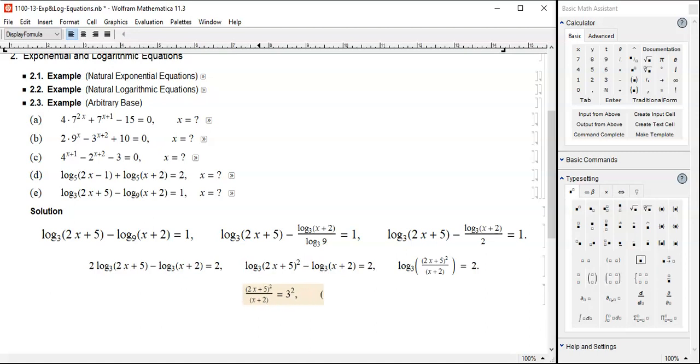So the numerator is, I need a little bit bigger font, I guess, 4x squared plus 2 times 5 times 2x, 20x plus 25, over x plus 2 is equal to 9.